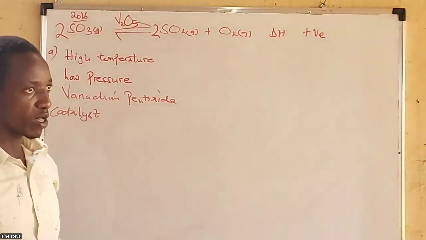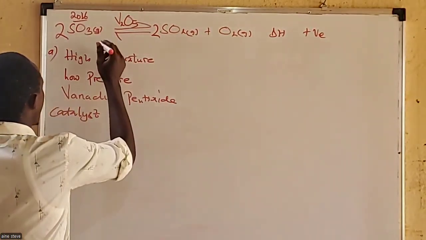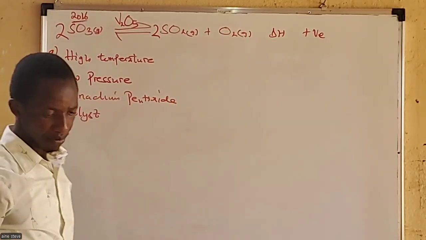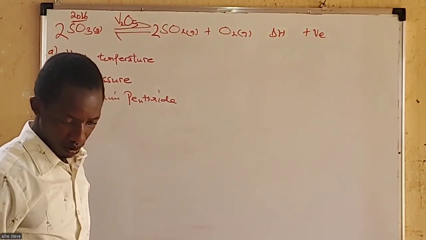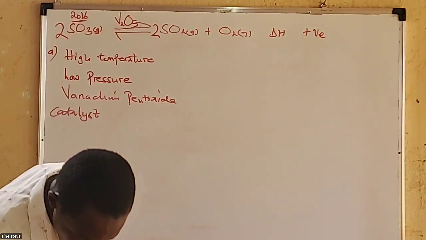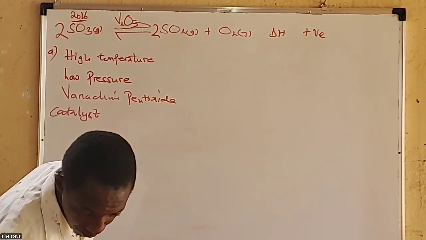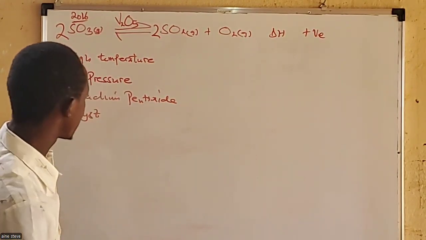Somebody wanted me to make some hint on this. So this is what we look at. Then another part of the question was saying, write an expression for the equilibrium constant Kp.